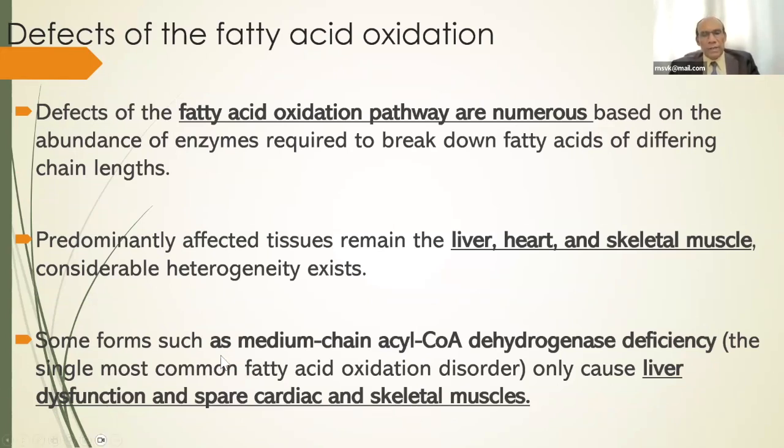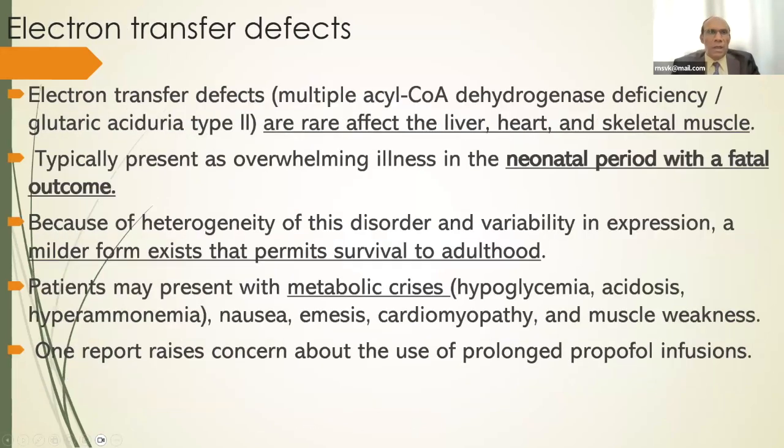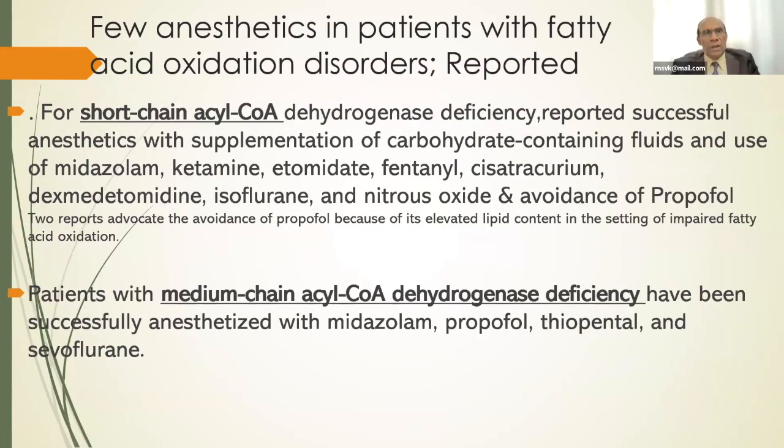Some forms, such as medium chain acyl-CoA deficiency, can cause only liver dysfunction and spare cardiac and skeletal muscle. Electron transfer defects are very rare. They typically present in the neonatal period, and very few patients survive until adulthood. But if they are present, they may cause metabolic crisis.